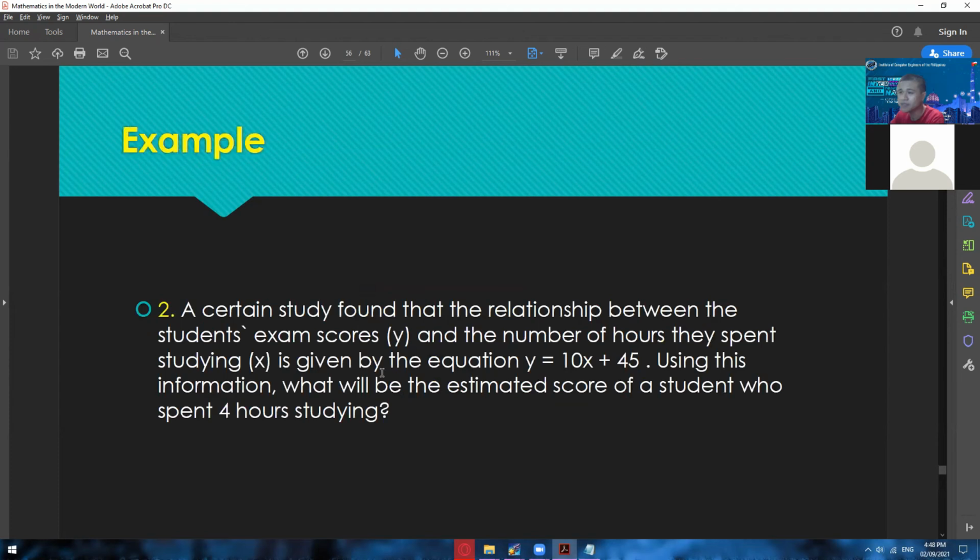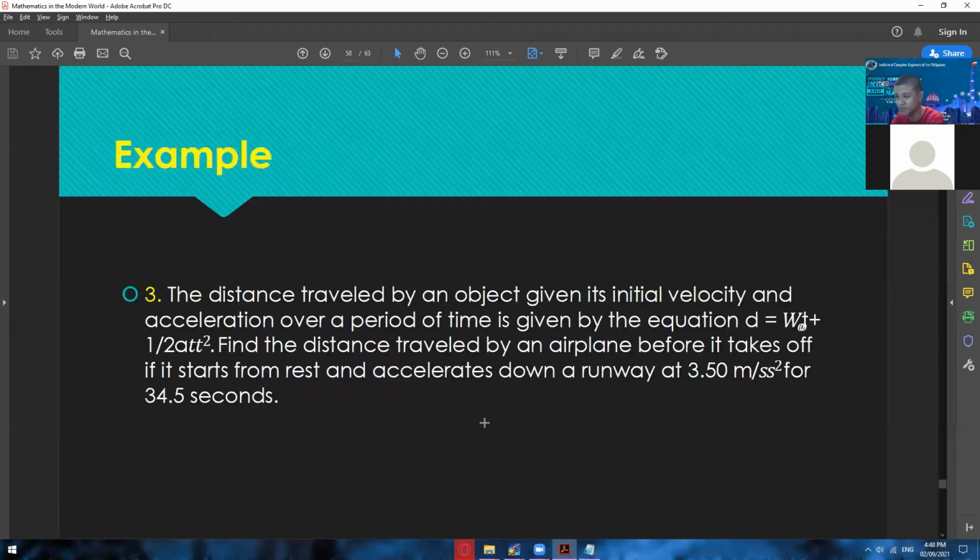Anyway, the only point of this one is we can control how much score we can get if we study more. Basically, of course, if we study more, we'll be able to get more score. If we study less, then we will get less score.